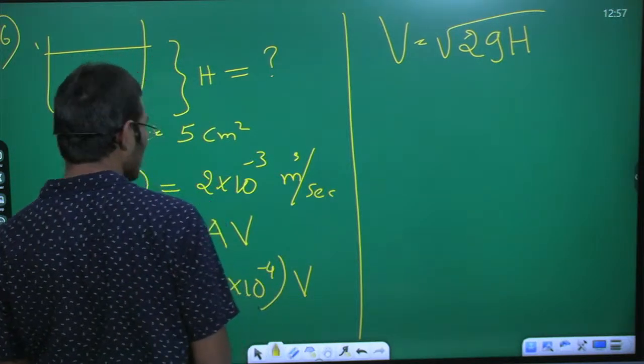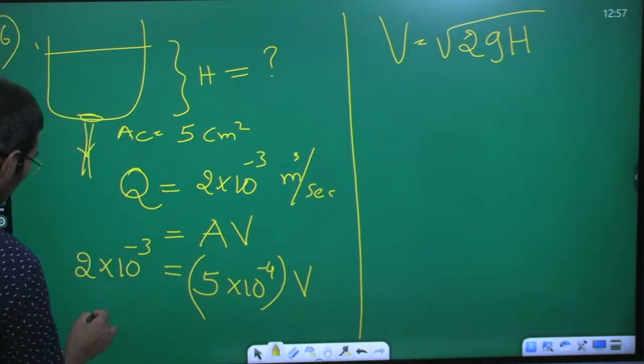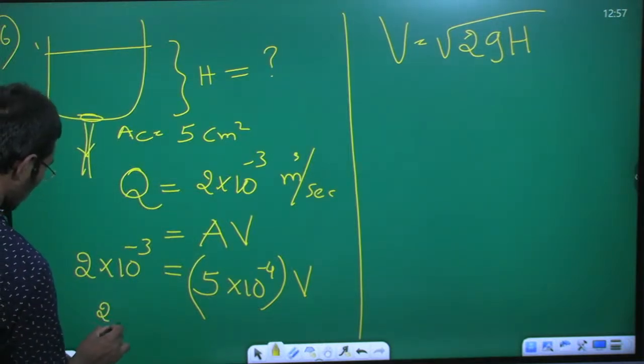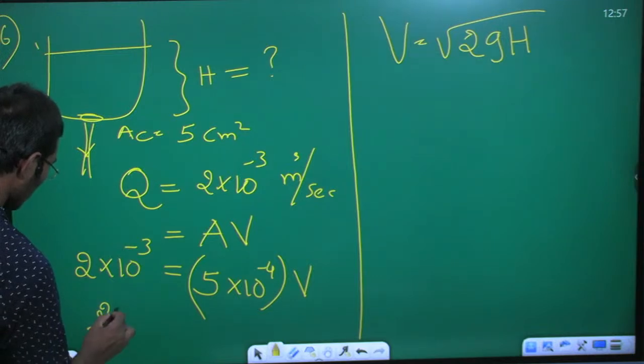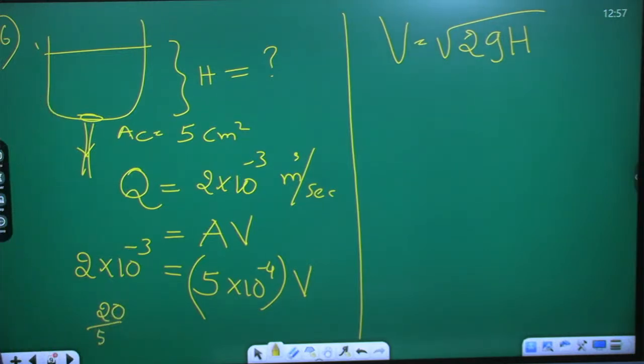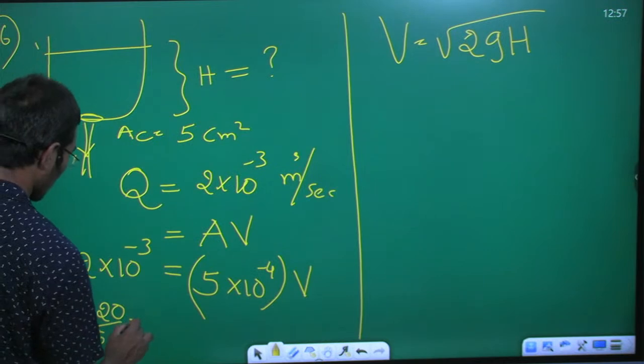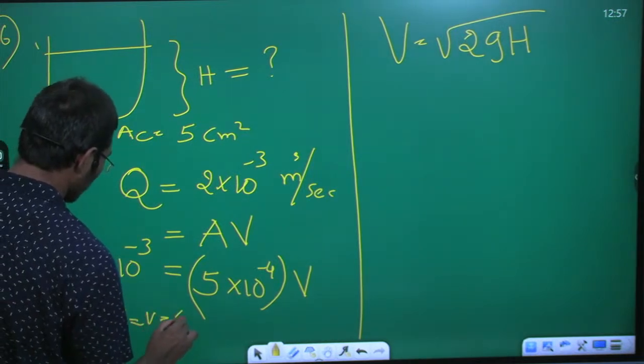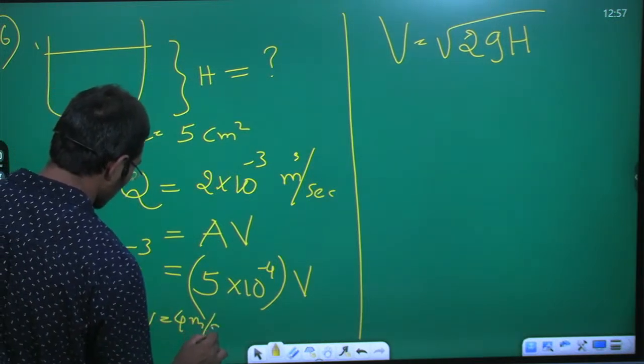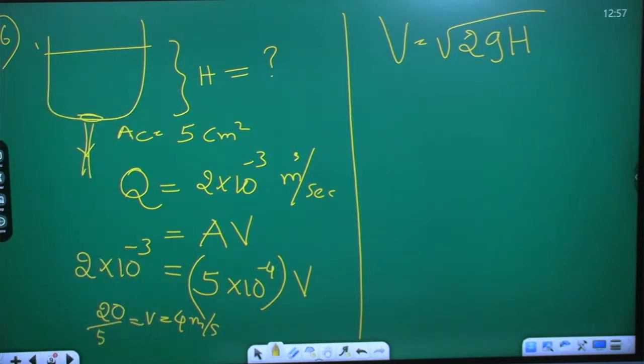So if you try to solve this, 2 by 5, 20 by 5, v is equal to 4 meter per second. Hope this is correct. Just direct simplify. 2 by 5, 10 power minus 3 by 10 power minus 4.